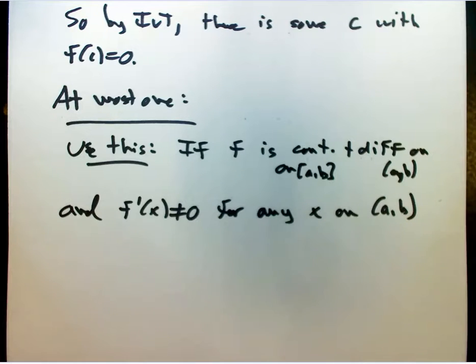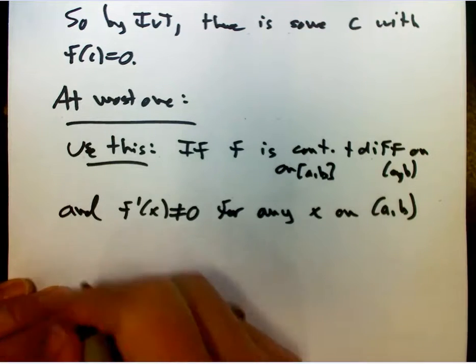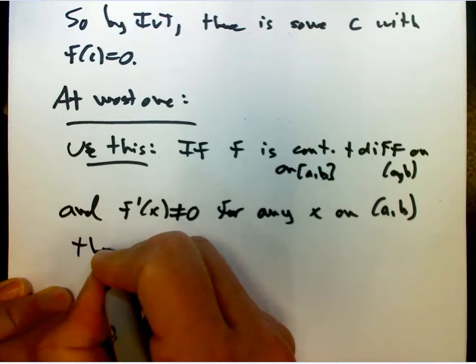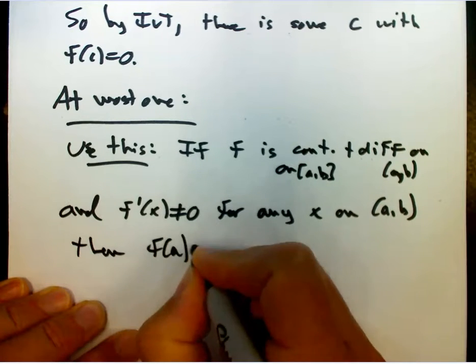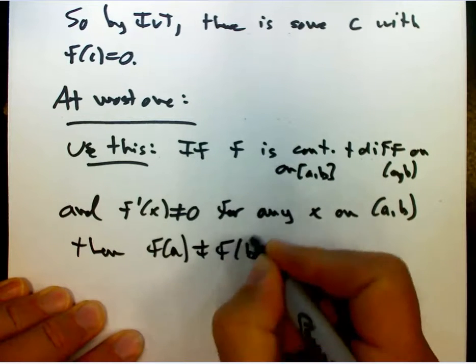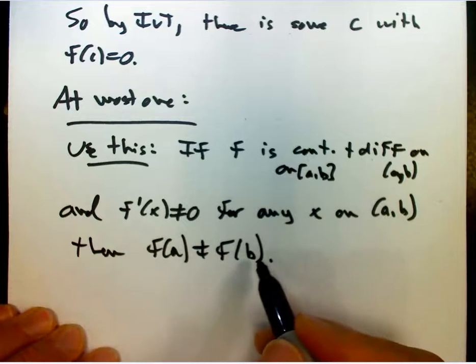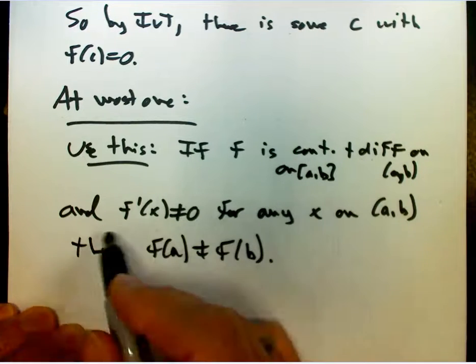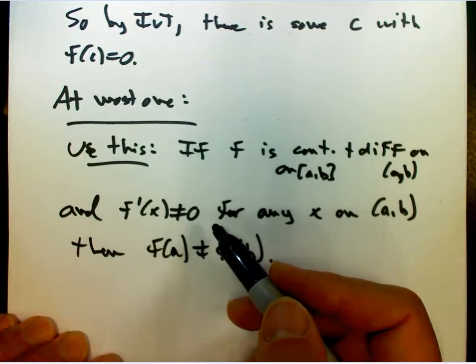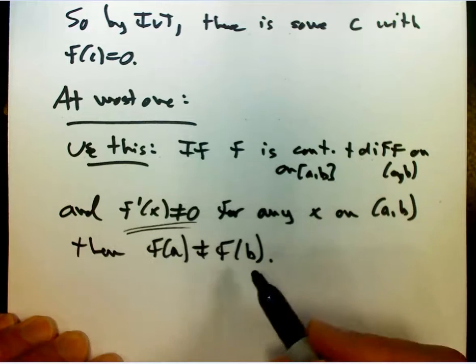If I'm not seeing a 0 for the derivative, and all the other hypotheses are satisfied, there's no way that it can have the same value. Because if this were true, all of Rolle's theorem would be activated, and I'd get a 0 for the derivative, I'd get a turnaround, but I've actually verified that I'm not getting any turnarounds.